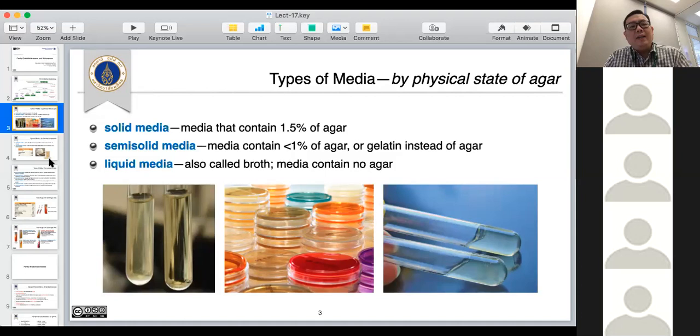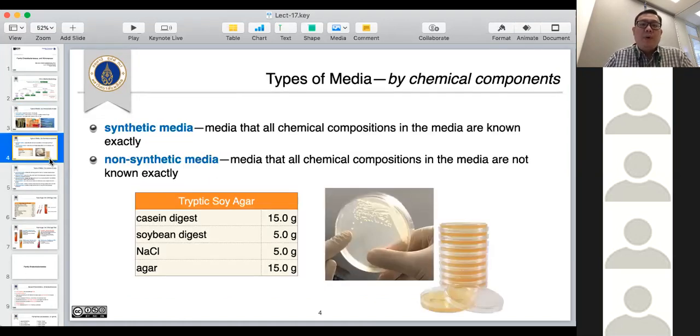If we classify media by chemical composition, we classify them as synthetic and non-synthetic media. Synthetic media means all the chemicals in the media are known, with the correct concentration. For example, you can calculate the amount of sulfur or magnesium ion.